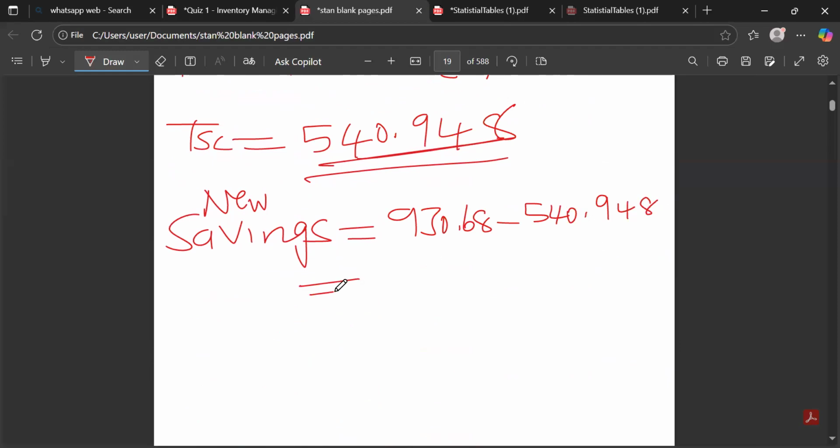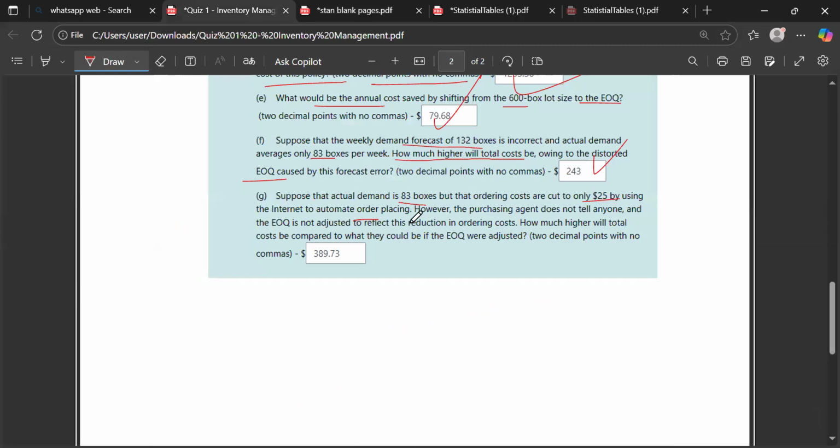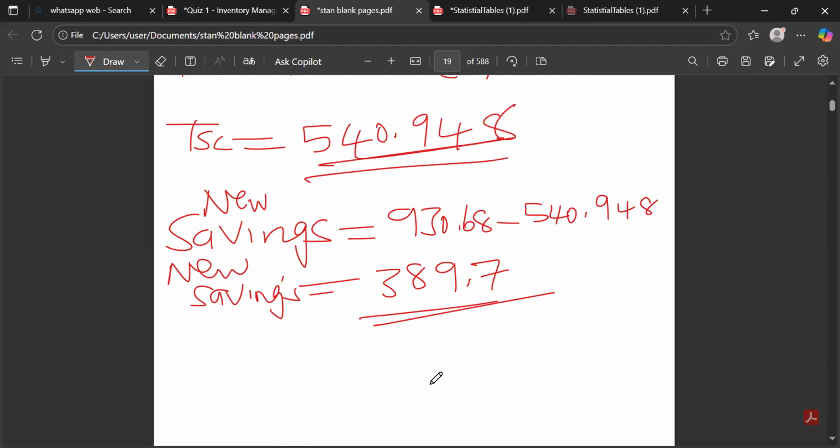So 930.68 minus that gives 389.7. So this is our new savings. To 2 decimal places, 389.73 is the correct one. So $389.73. So this is where this question comes to an end.